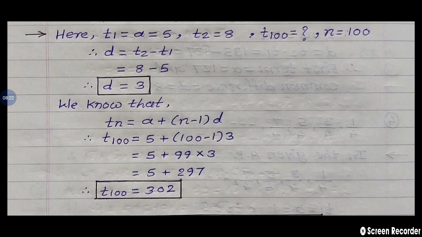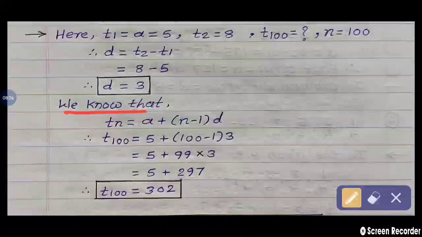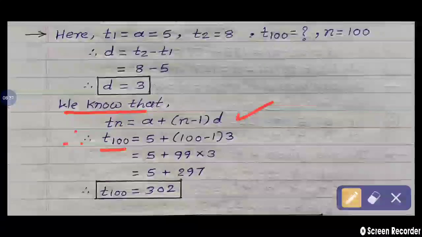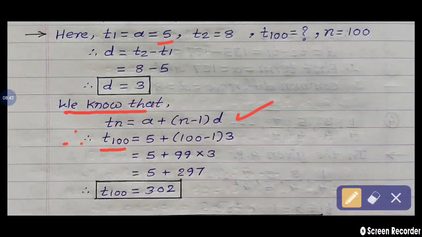We know the formula. According to that, we write down the Tn formula: Tn is equal to a plus n minus 1 into d. Therefore, to find the 100th term, T100 is equal to, first term is 5, that we substitute here, 5 plus value of n is 100, so in bracket 100 minus 1, multiplied by difference 3.